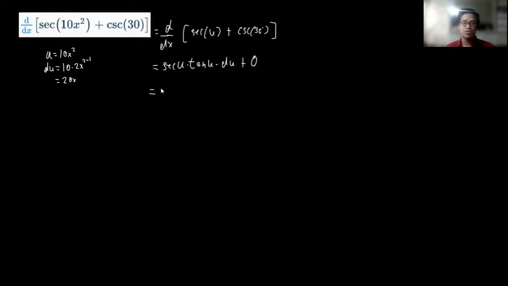Now let's substitute. So this is secant of 10x squared times tangent of 10x squared times du, which is 20x. So your answer here is 20x times secant of 10x squared times tangent of 10x squared.